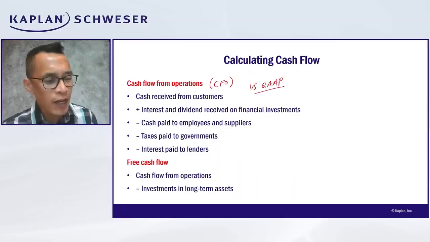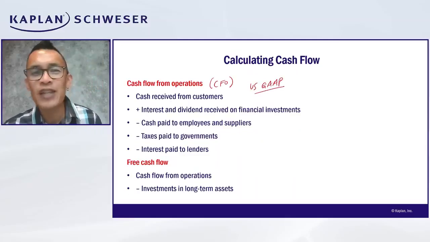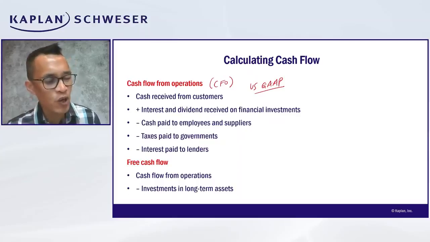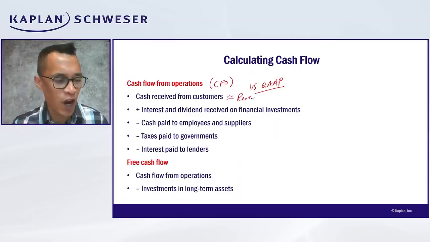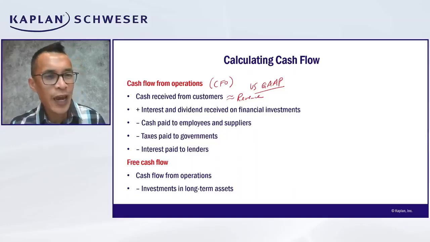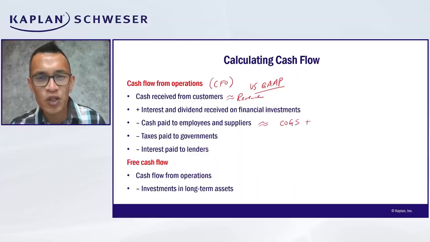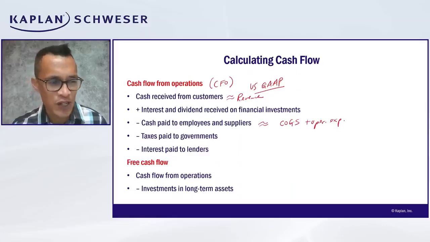Looking at the details, it makes intuitive sense, as one could say cash received from customers loosely corresponds here to the notion of revenue, and cash paid to employees and suppliers, for instance, would loosely correspond to cost of goods sold and operating expenses, for example.